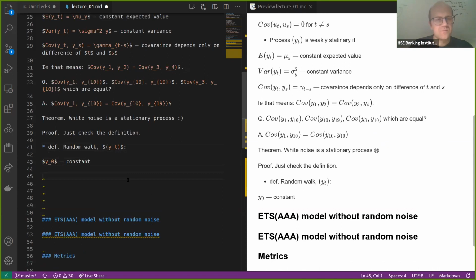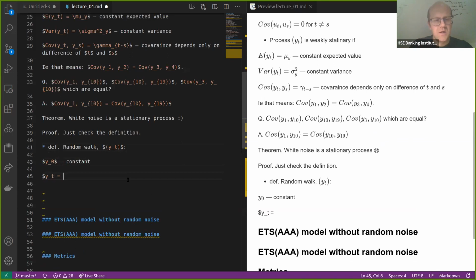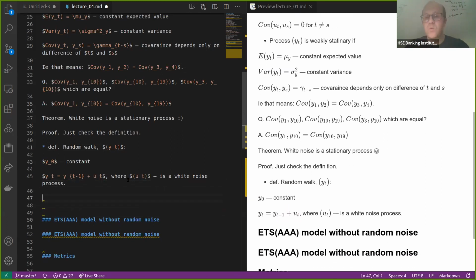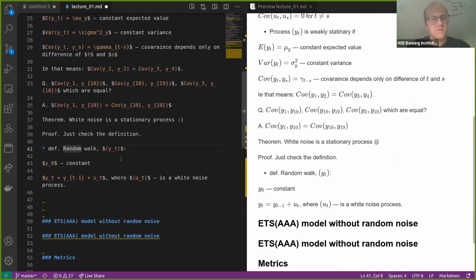And then Yt is equal to Yt minus 1, the previous value, plus ut, where ut is a white noise process, a random step. So in a white noise process, every state is not correlated with the past, and in a random walk, yeah, we can have something like this.